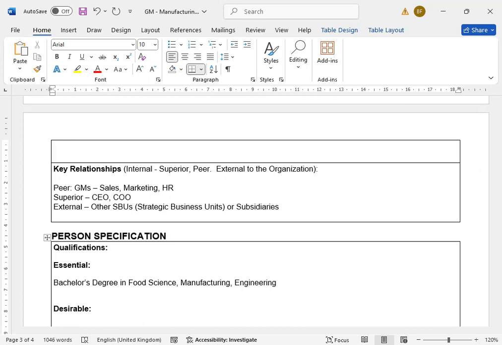But usually they prefer food science. If there is no bachelor's in food science available in the labor market, it doesn't matter whether it's from manufacturing, engineering, or business management, or a related field.